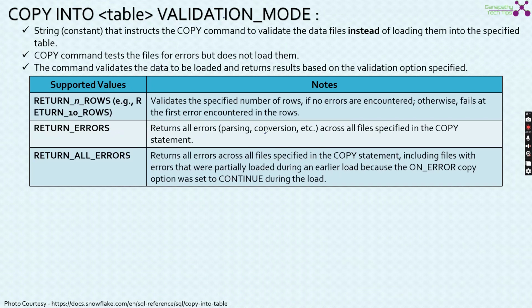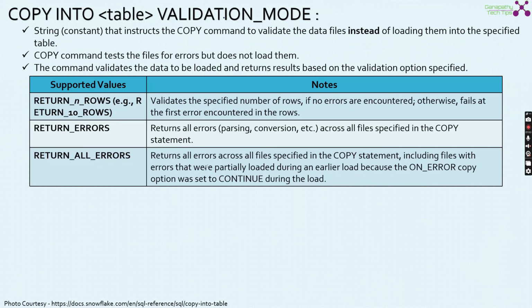Say if you are trying to return all the errors, like parsing errors or conversion errors across all the files specified in the copy statement, then you can utilize return errors. Return all errors is slightly different from return errors. It is all about a complete data load, meaning whatever data was previously loaded.